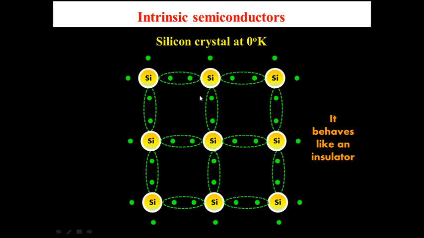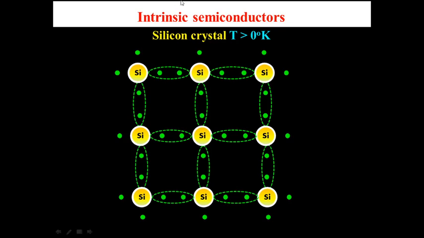But when the temperature increases from 0 degree Kelvin, when the temperature is greater than 0 degree Kelvin, this silicon crystal will be thermally activated. Because of that thermal energy, these silicon atoms vibrate about their mean position.